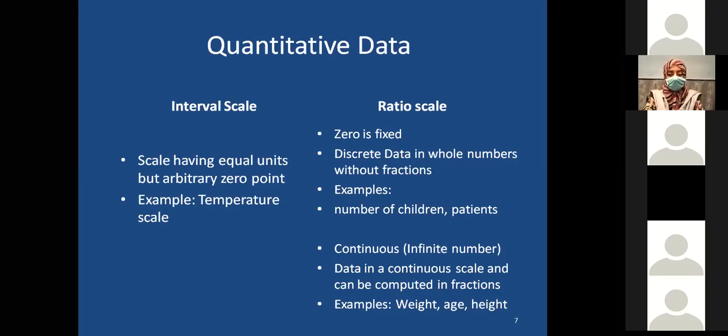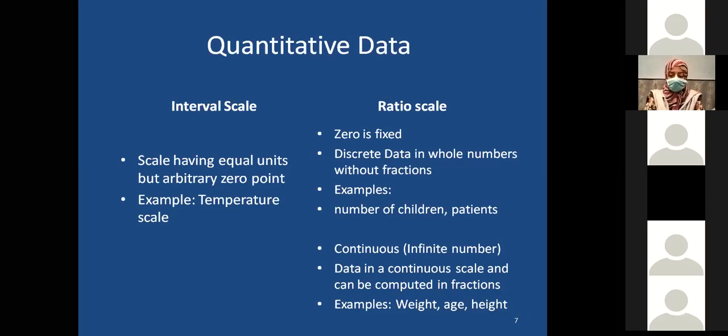Then there is a ratio scale, where 0 means it is actually 0. When I say I have 0 patients today in my ward, that means I have no patients at all in my ward. That means it has an actual value.